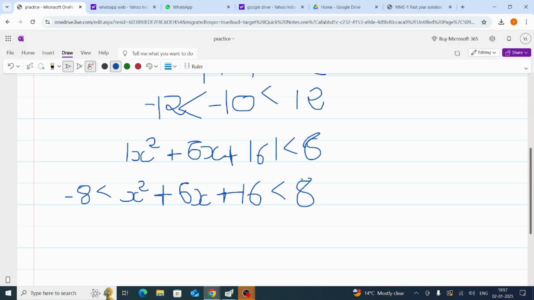Alright, what's the next step? That this 16 is going to be transferred to both these sides. That is, I'm going to transfer this plus 16 from here over here to both the sides. So that would lead to minus 8 and minus 16, that would give me minus 24.